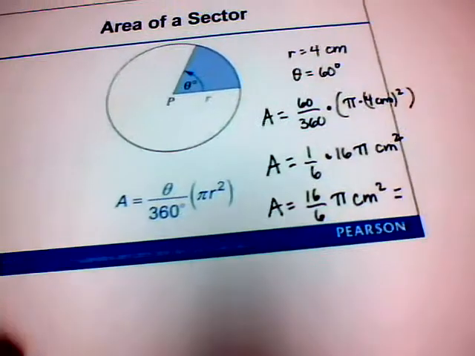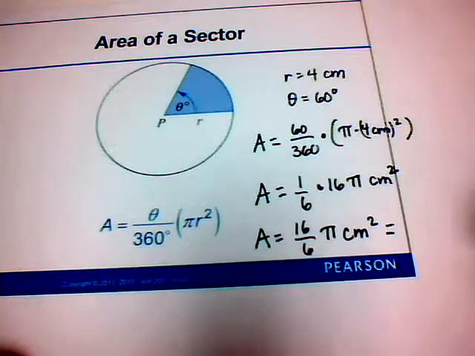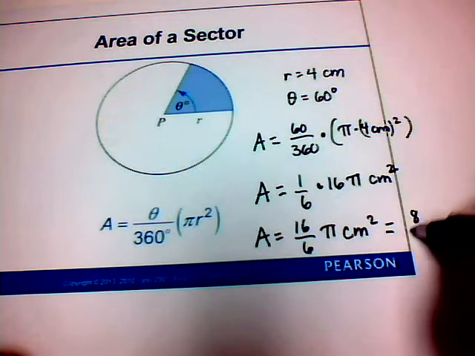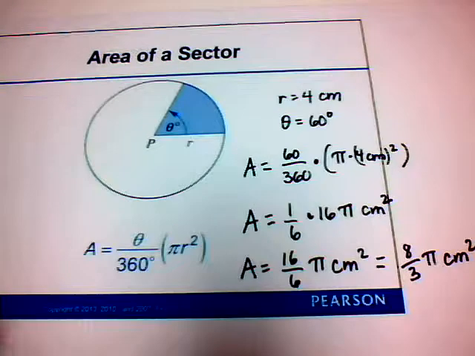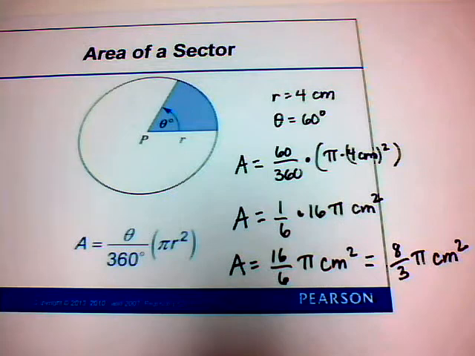And if I reduce this to simplest form, 16 over 6 will be 8/3. So it'll be 8/3 pi square centimeters. That's going to be the area of that particular sector with a radius of 4, and the angle measure is 60 degrees.